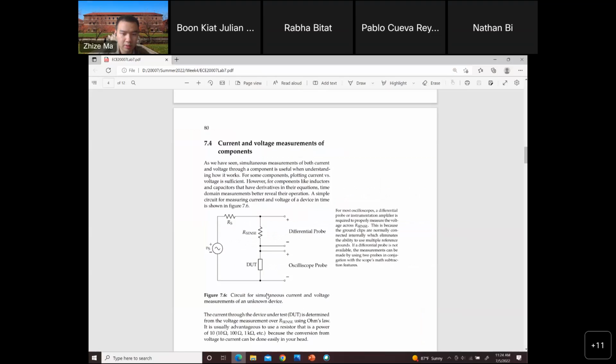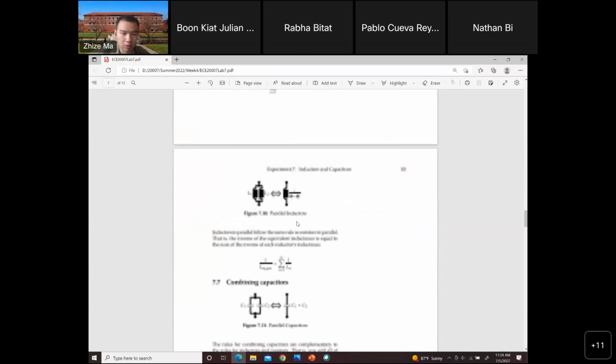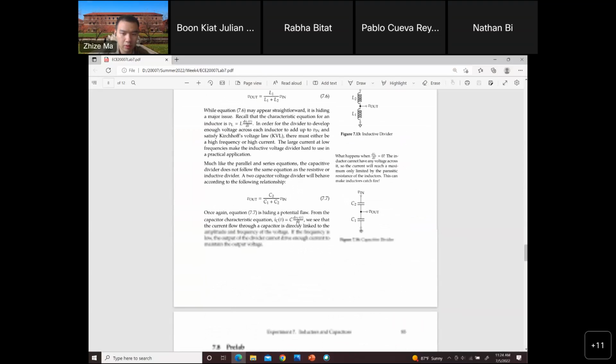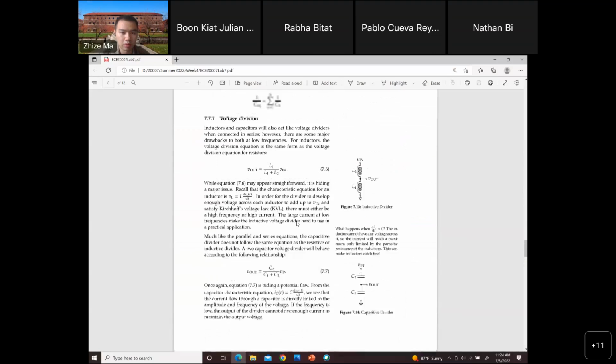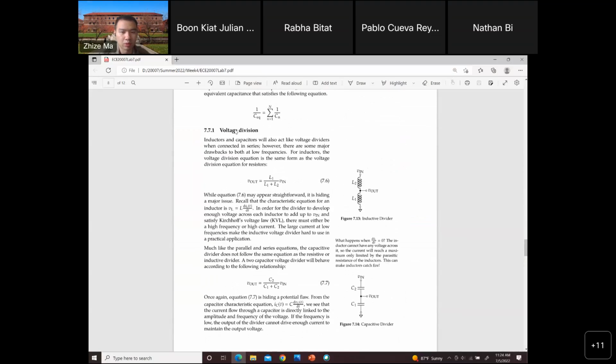The last thing here is the voltage divider. You can still build the voltage divider circuit with capacitors or inductors. You can find the equation over here. This equation is pretty similar to the resistor one, but for the capacitor voltage divider equation, if you check carefully, the numerator is different.